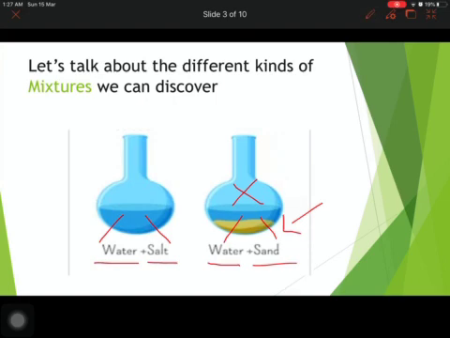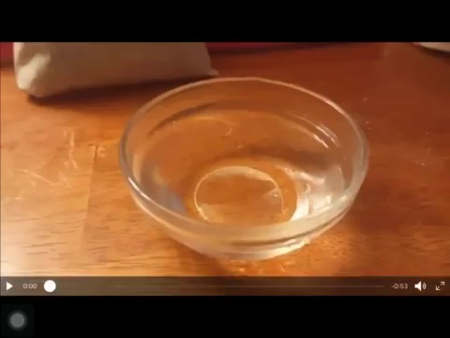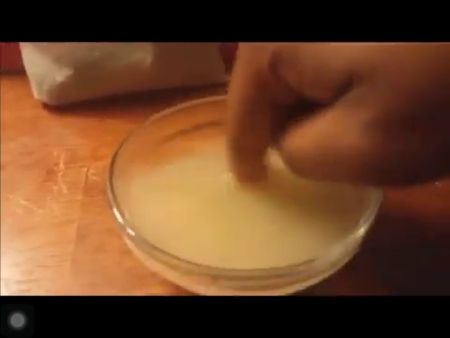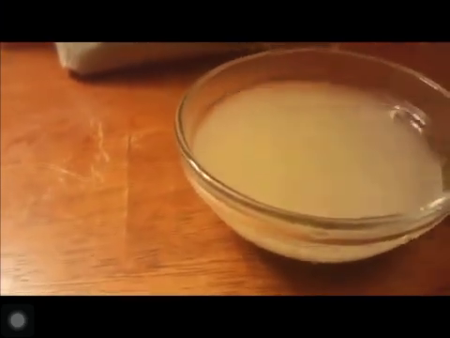I'm going to show you a video of what will happen if we try to mix sand and water. Let's watch together. So this woman is trying to mix sand with water. Look, she's mixing the water and the sand.